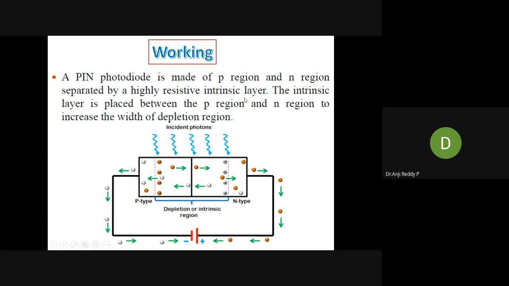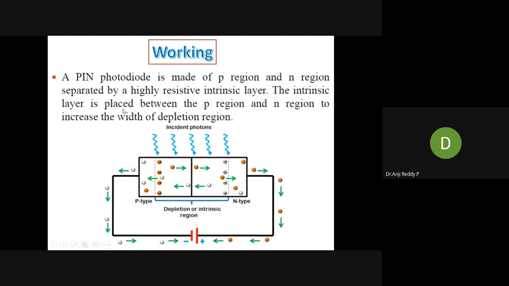Generally, in case of intrinsic semiconductor, the current we are getting is very, very small, remember. Because we have not added any impurity. Intrinsic semiconductor means we have not added any impurity. That's why we call it highly resistive. A pin photodiode is made of P region and N region separated by a highly resistive intrinsic layer.